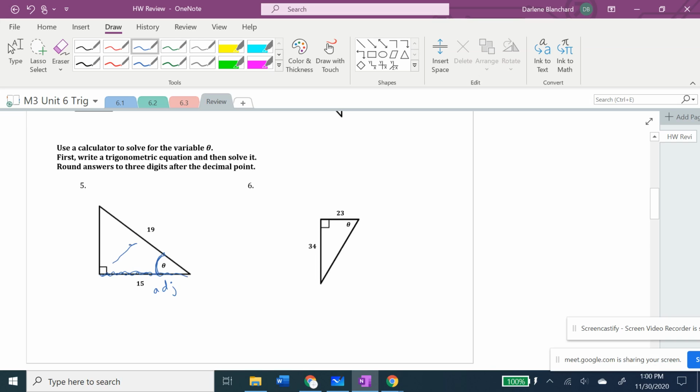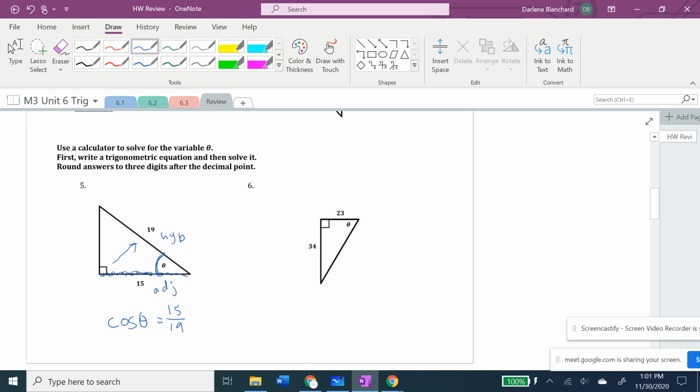Hypotenuse. It's directly across that right angle. So who is adjacent over hypotenuse? Cosine. So the cosine of theta is equal to 15 over 19.